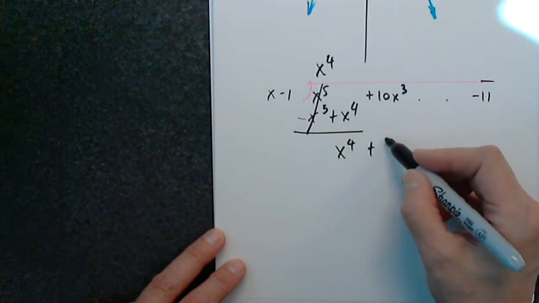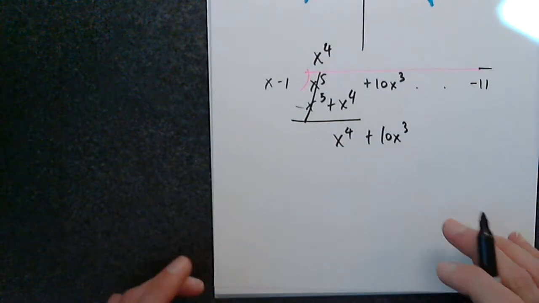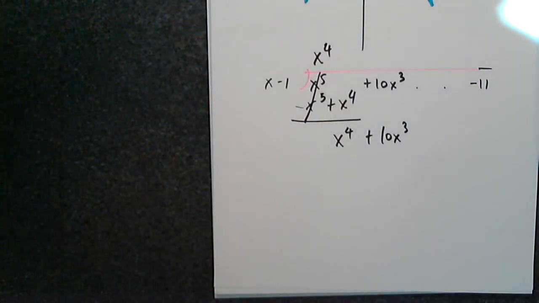Bring down the next in line. Is that negative x squared plus x to the fourth? Because it looks like a 3. Yeah. Okay.